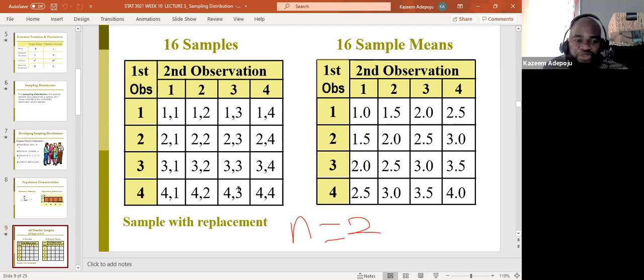What I'm going to do right now is show you what happens if I'm sampling with replacement. You first write 1 2 3 4, then you write 1 2 3 4, and these are the possible pairs. Take a look at that.